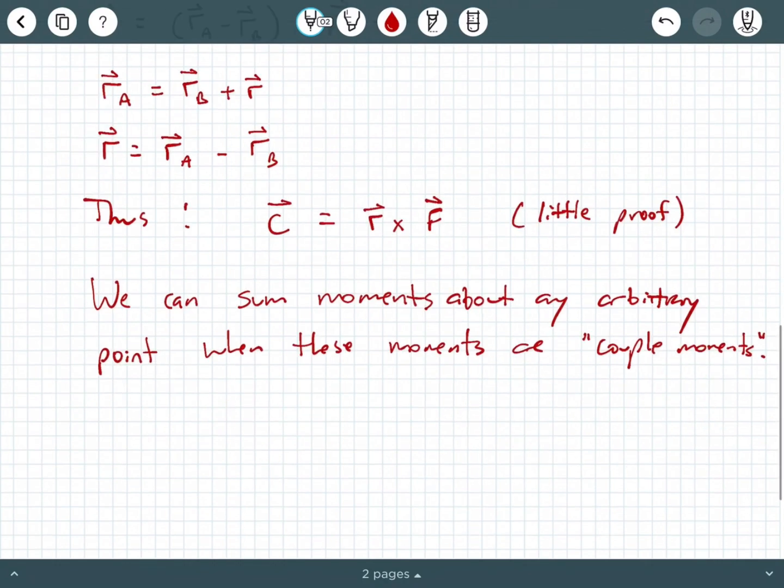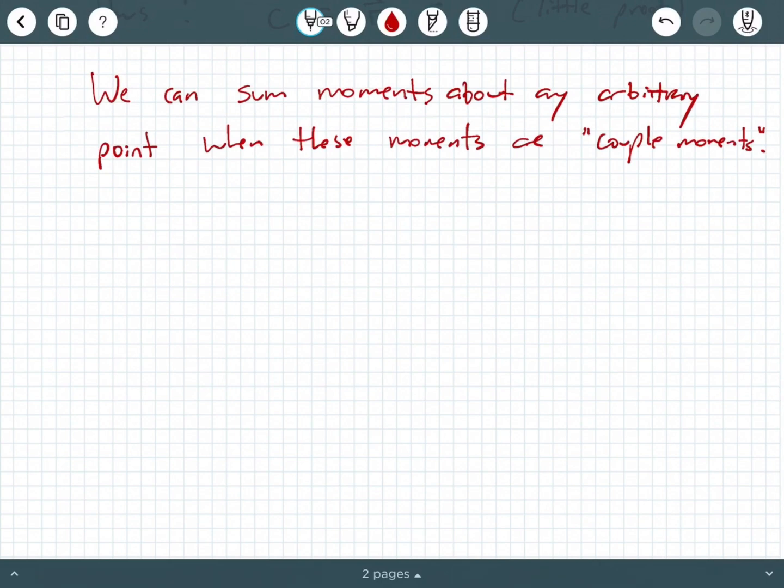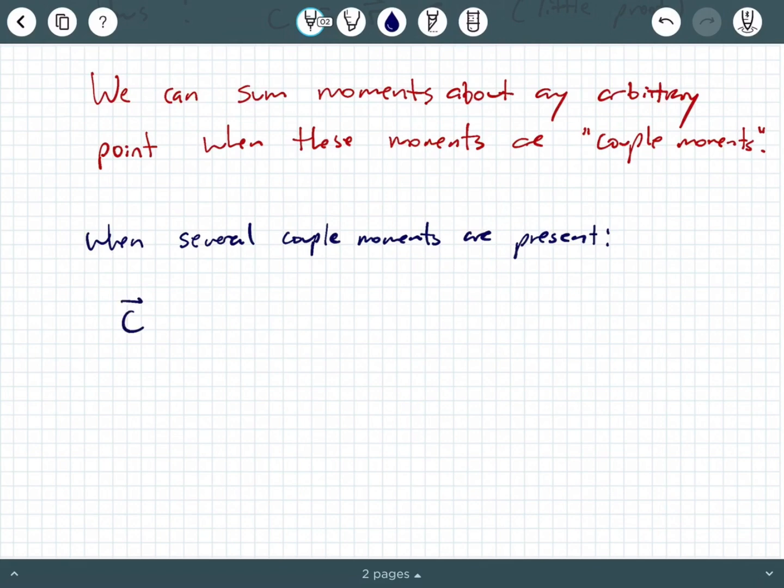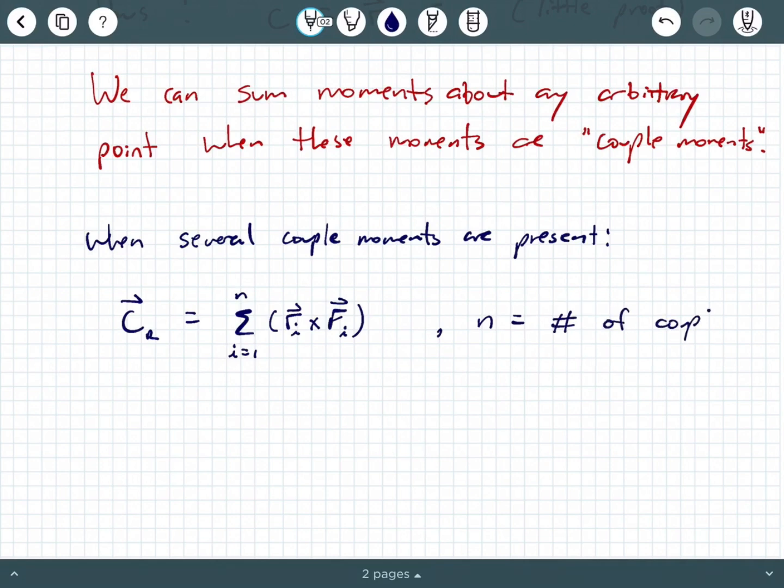Now, what happens if you have several couple moments acting in a system? So let's write that down. When several couple moments are present, we would have a resultant couple moment equals the summation of R cross F, sub i, as i goes from 1 to n, where n equals the number of couple moments on the system.